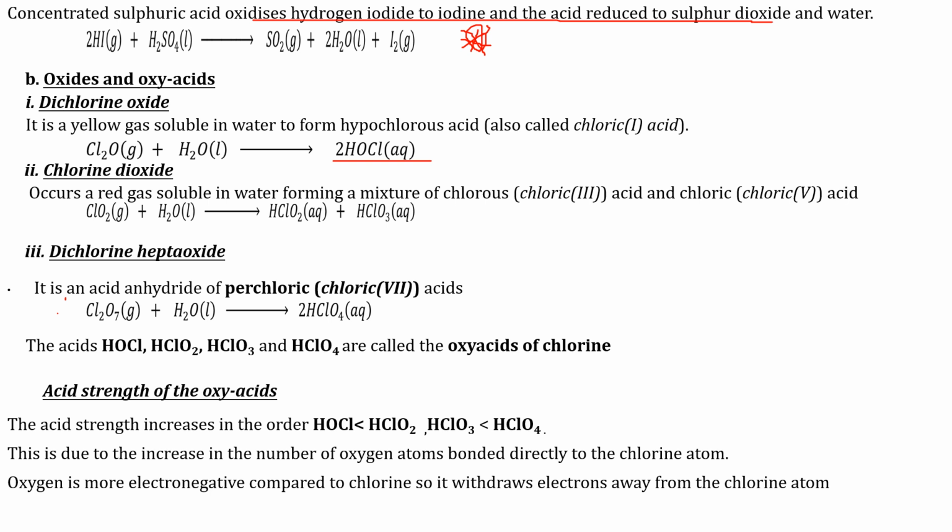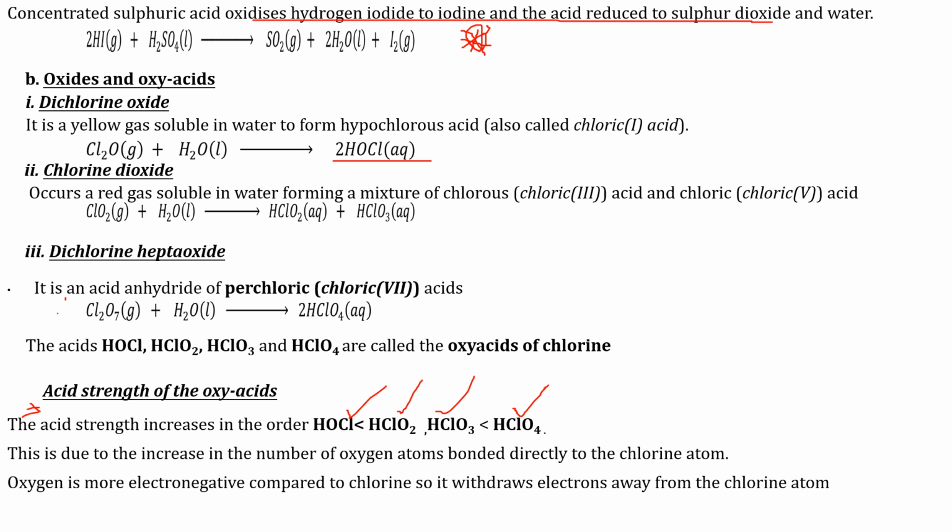So we expect the one with the largest number of oxygen atoms to have the highest acidity, followed by this one, and then this one lastly. When you're explaining acid strength, always start with a statement that acid strength depends on the ease of release of protons in solution. That's the first step. Then we are saying that acid strength increases in this order.